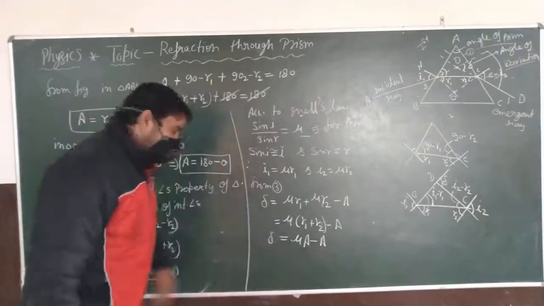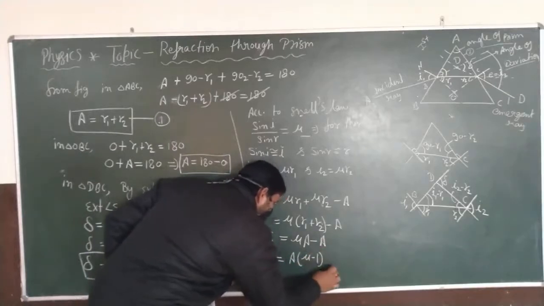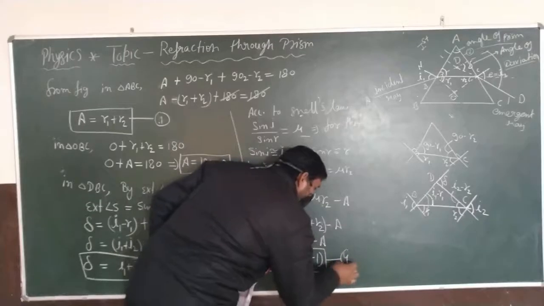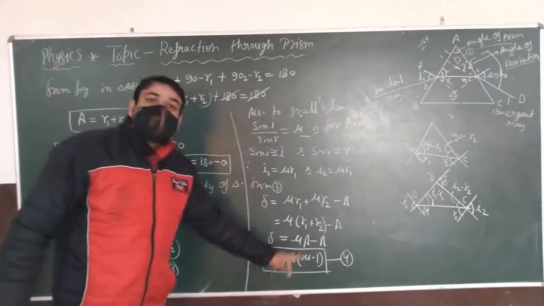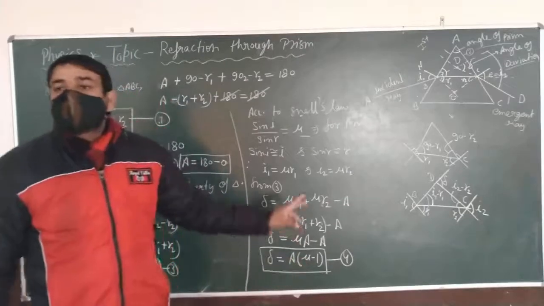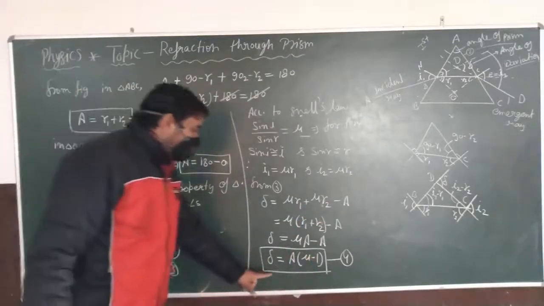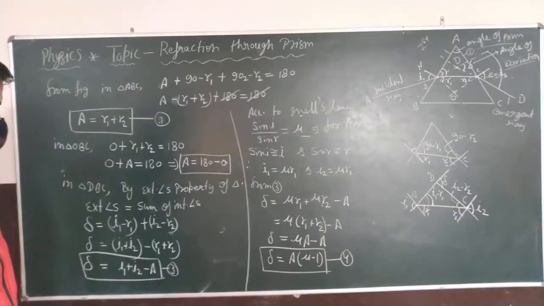Now take A as common, you will get mu minus 1 times A. This is the required relation for the deviation by a thin prism, or the required relation for refraction through a prism.